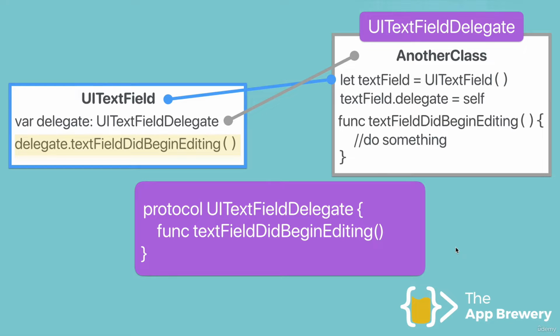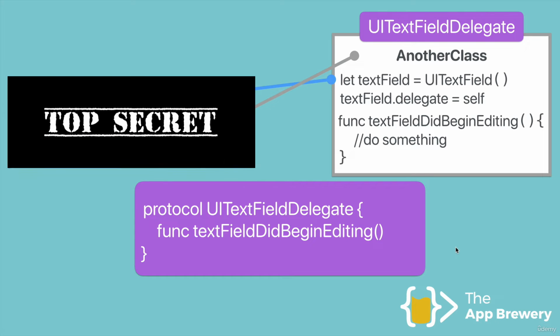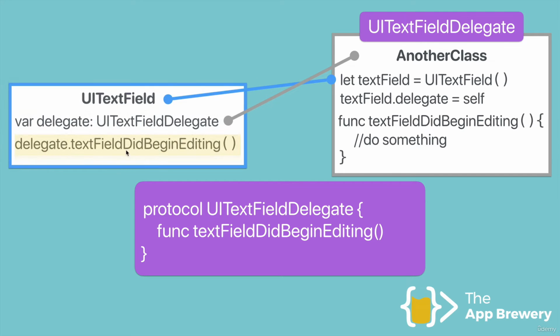Now, this is how we were able to use our UI text field, and we're getting a peek under the hood. But the shame is that Apple's code, UIKit, everything that's, say, our UI text field, UI label, UI buttons, all of these components are proprietary Apple components, which means that the code is not open source. It's proprietary, which means we can't actually see how the UI text field implements the delegate or how it triggers delegate.textFieldDidBeginEditing.